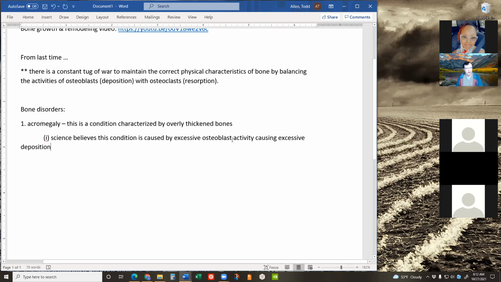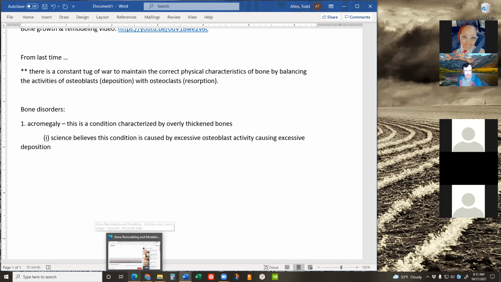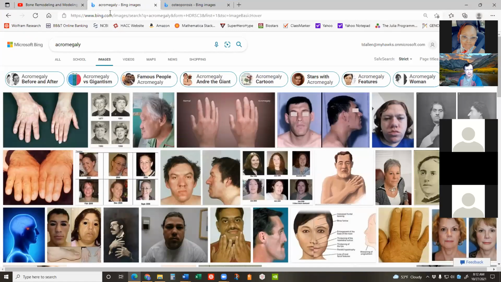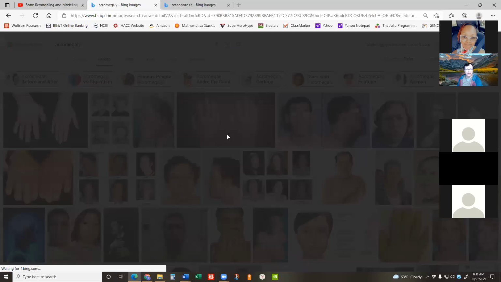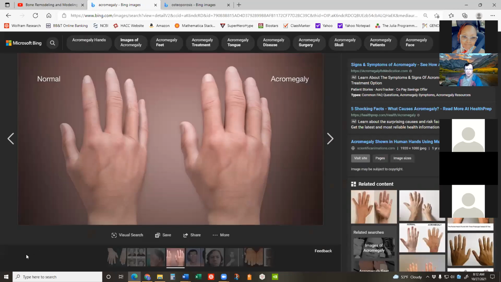Okay, and so I may have shown you this before last time, but I'll just flash up an image here of some acromegaly folks. Let's just take a look perhaps at this one once again, where you can see the difference of a normal sized hand on the left versus an acromegaly hand on the right, where you can see a very prominent thickening of the fingers and so forth.